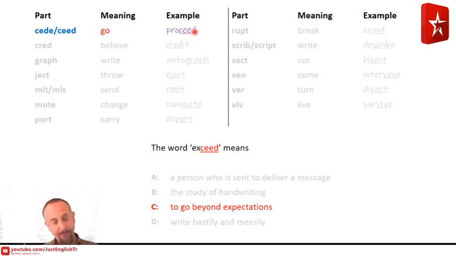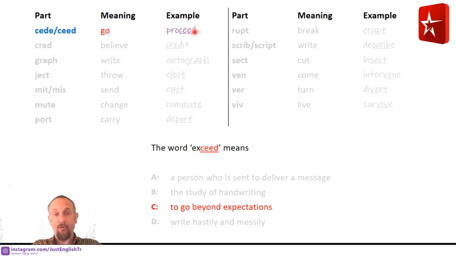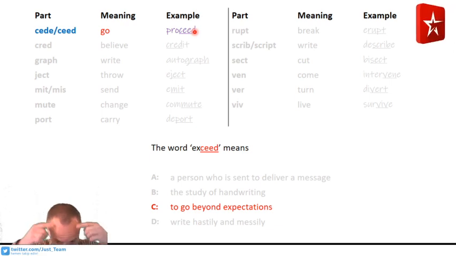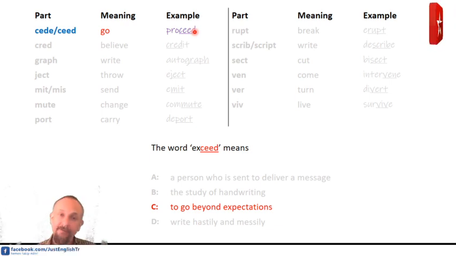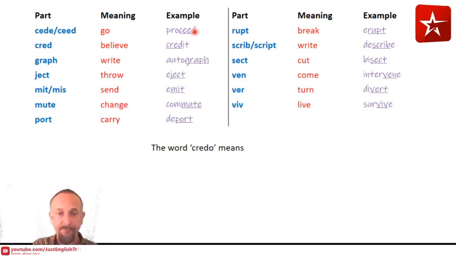Please proceed, please move forward, continue with what you're doing. We have recede, and re means to go back. So, my hair, I suppose, would be a good example. My hair is, actually it's not, but let's imagine it is, slowly moving back. We would call this a receding hairline. I've always been like this, however.